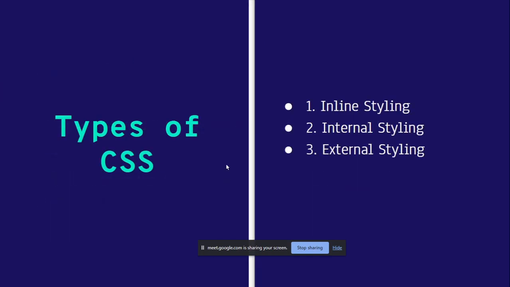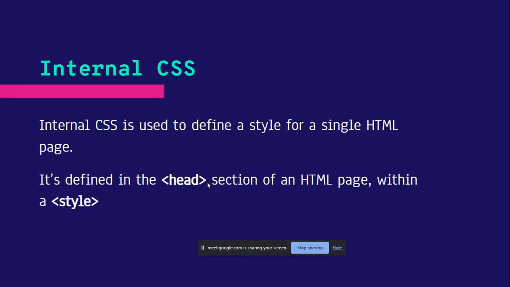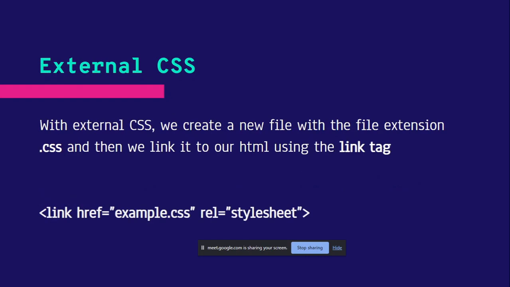We put it inside the element. Then internal CSS you put in the style tag in the head. We're going to see this. Then external you put outside the HTML file. I'm going to look at this in detail in practice to see how it looks, how it works.